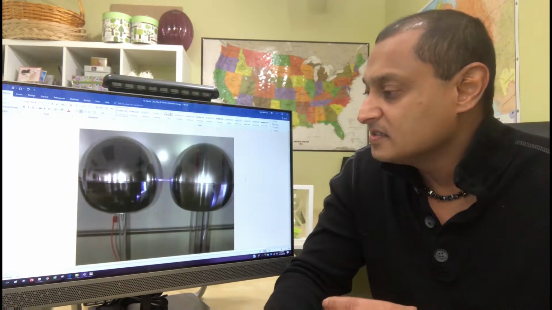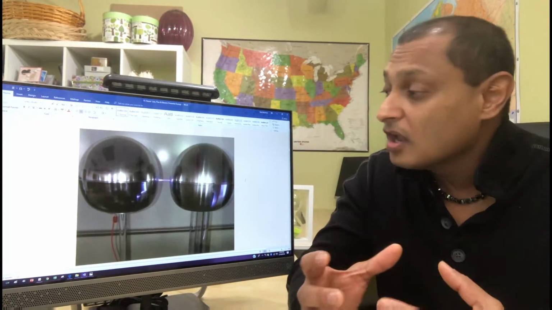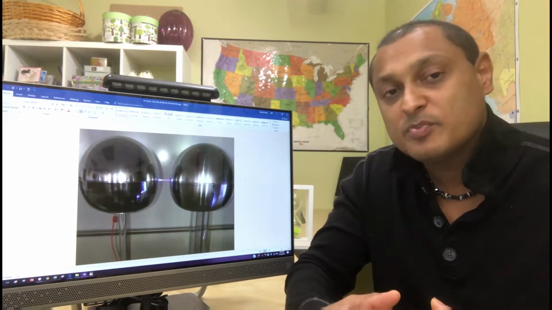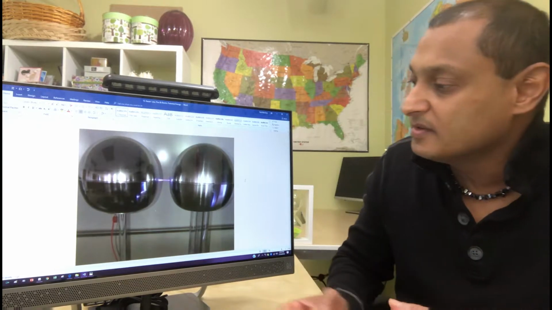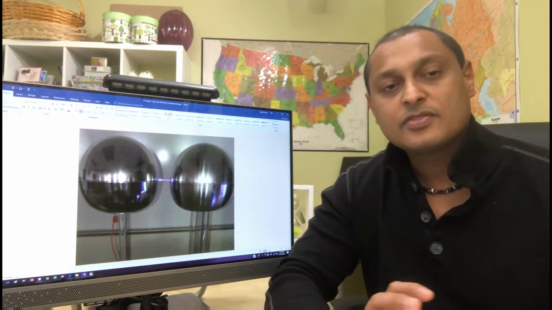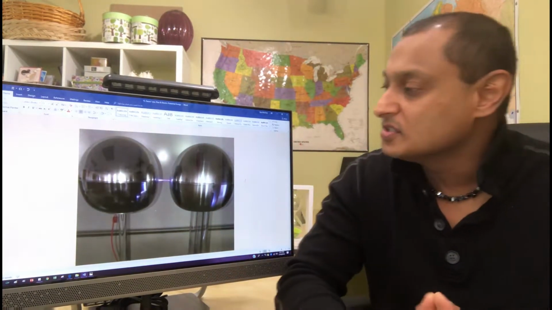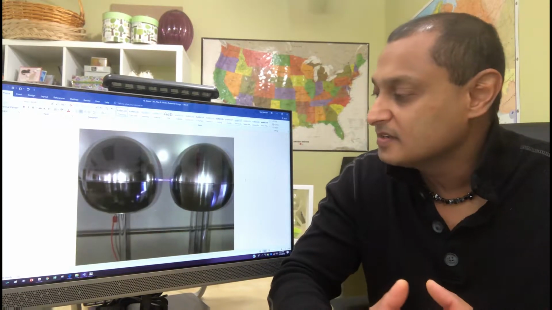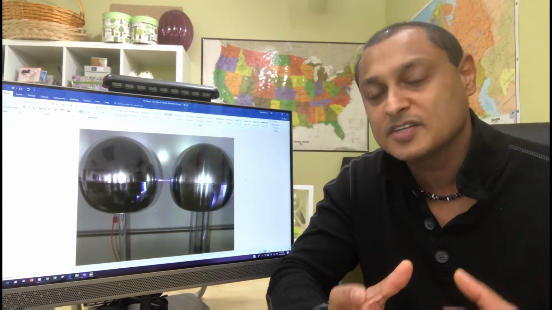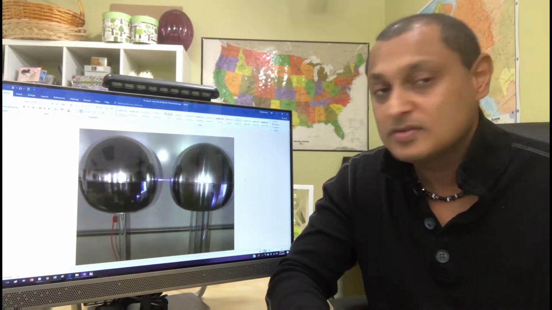So one of these spheres is a conductor, and it's hollowed, and it's connected to a power supply. And what's not shown is a rubber belt that runs through the center of the sphere, and through frictional charging, it charges the outer surface of the conducting sphere such that the charges build up so strongly that the electric field has to find a way to ground itself.